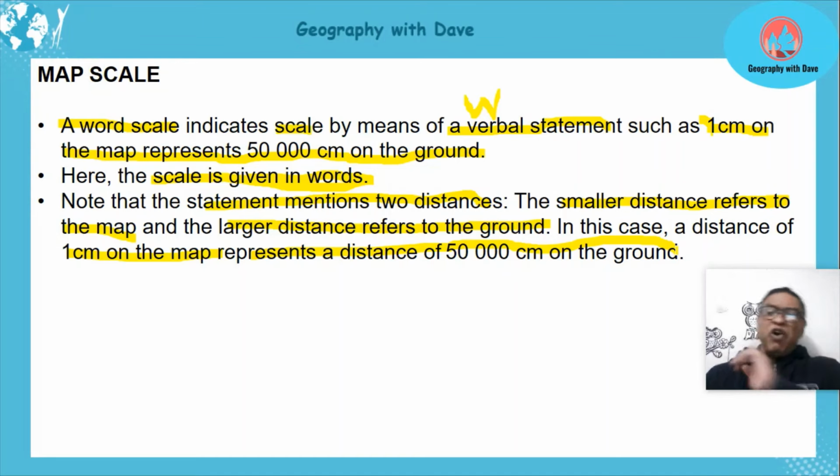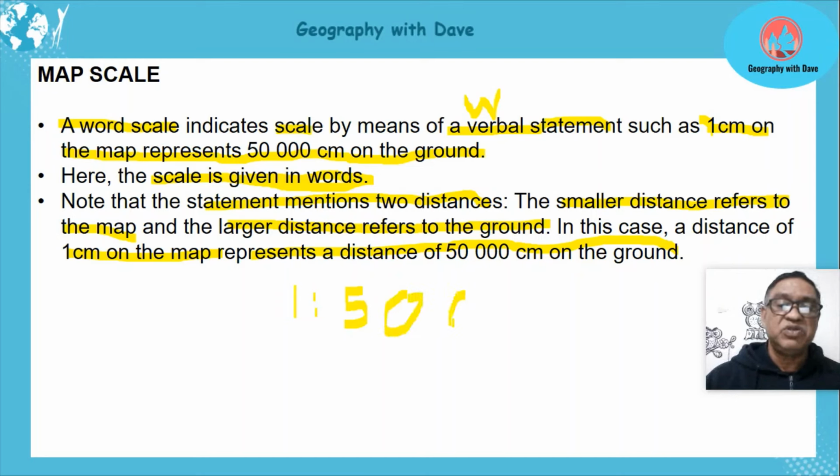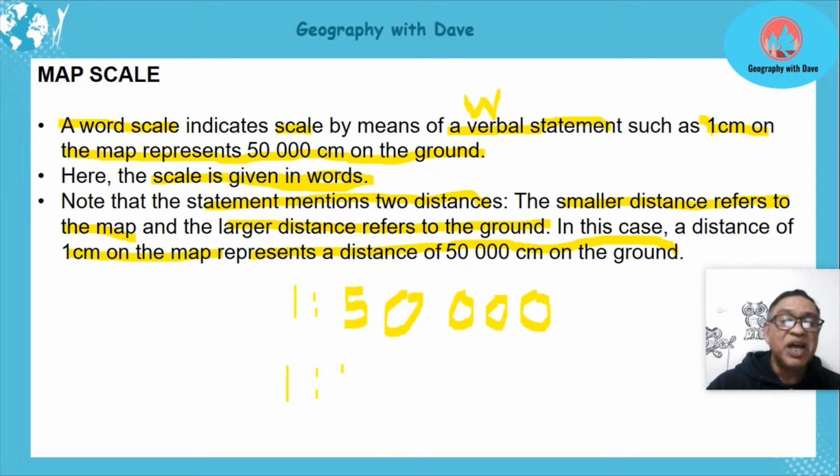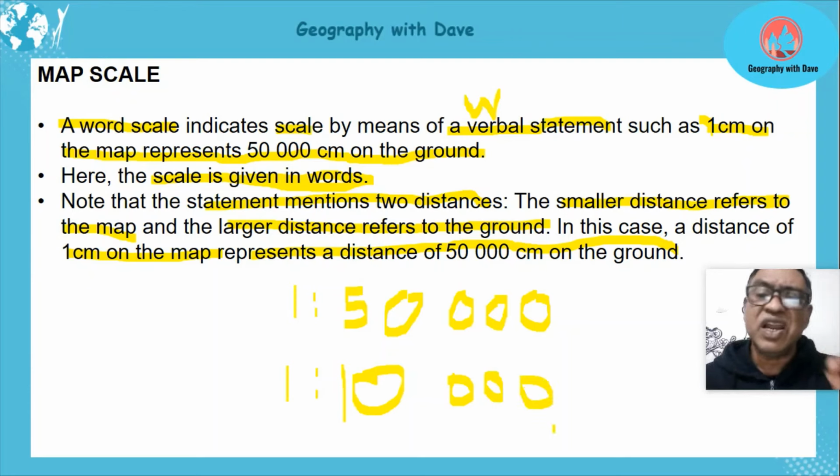Now, before I finish off for today, I want to ask you a question. If I put 1:50,000, and then 1:10,000, which scale is larger?